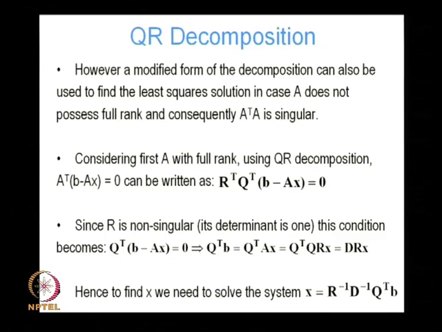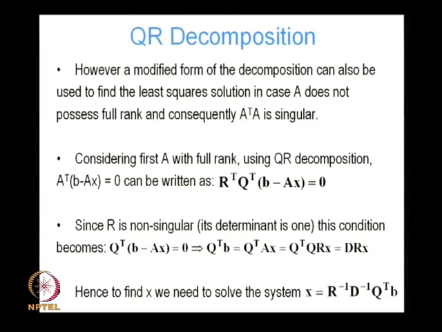So, whether A transpose A is ill-conditioned, when inverting A transpose A and operating on A transpose B is going to be hard and prone to numerical errors, or in the situation when A transpose A is straight away singular, in either of those two cases, I can use my QR decomposition to solve my problem, right.